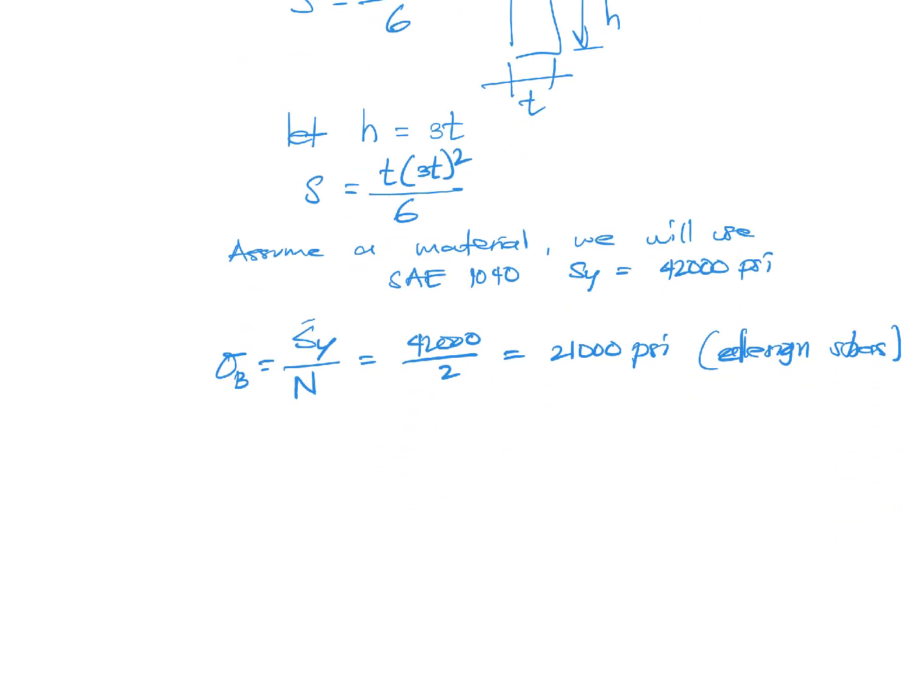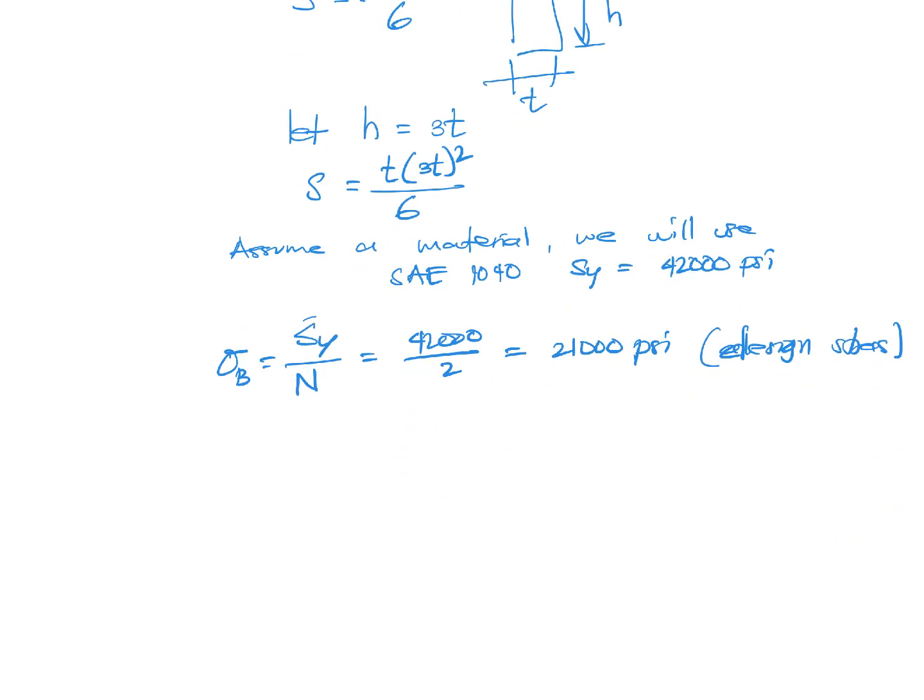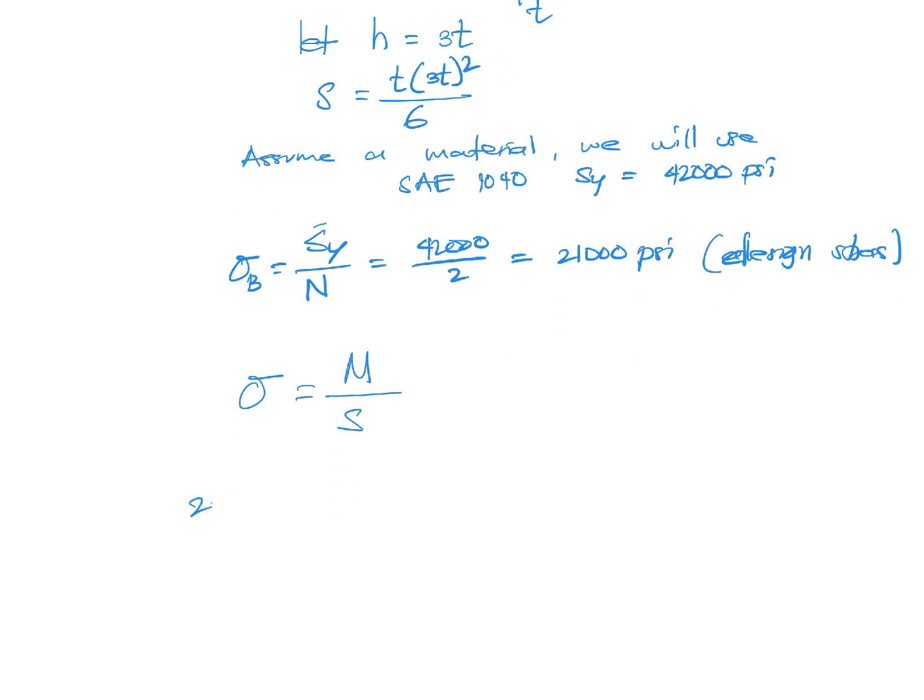Right? So using that design stress, we know that the bending stress is the moment divided by the section modulus. We already have our design stress, 21,000 psi. That is the allowable stress that we want for our bar.